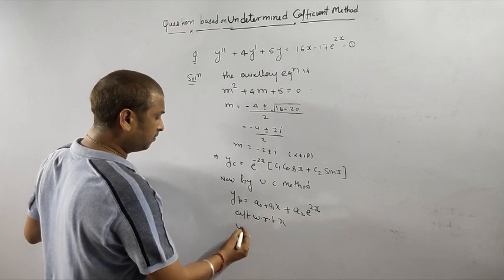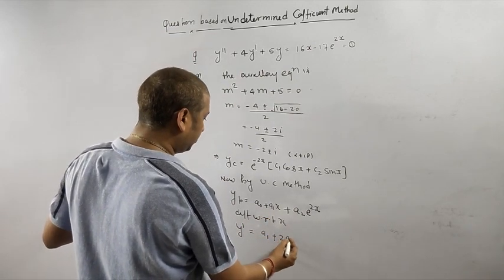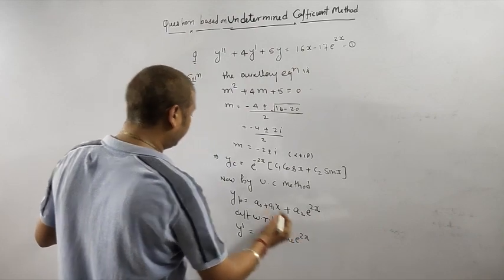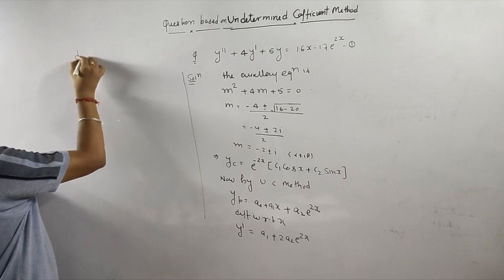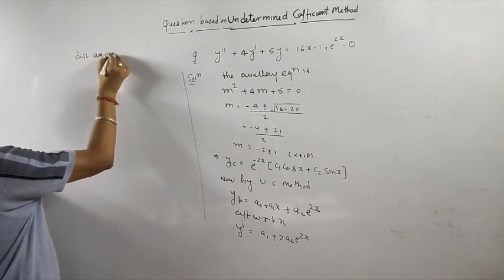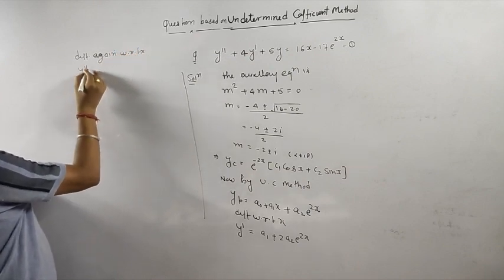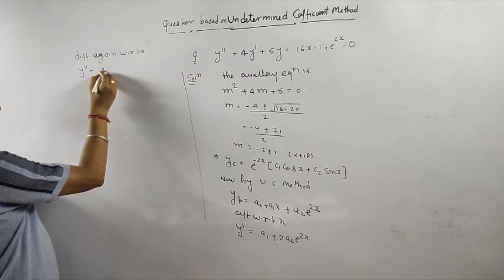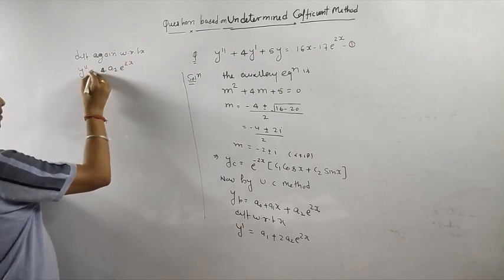What do we get? y dash, which is a1 plus 2a2 e to the power 2x. Differentiate again with respect to x. What is y double dash? 4a2 e to the power 2x.